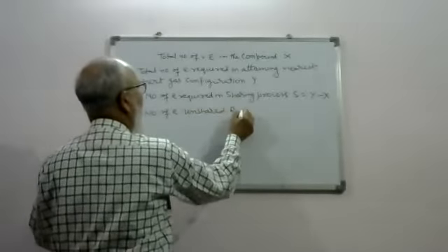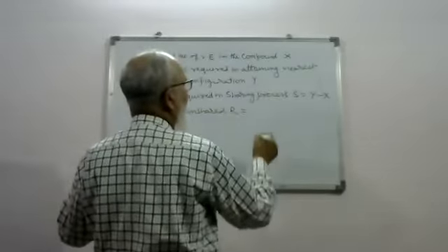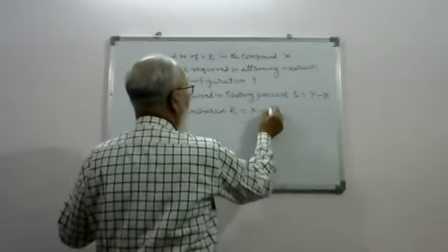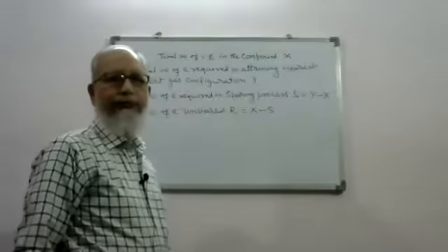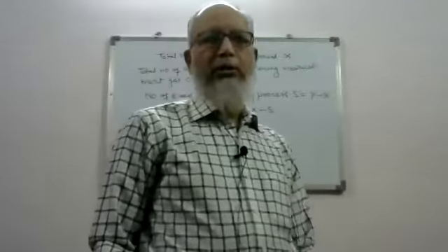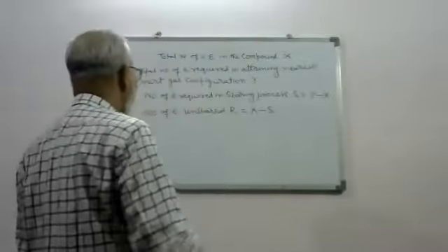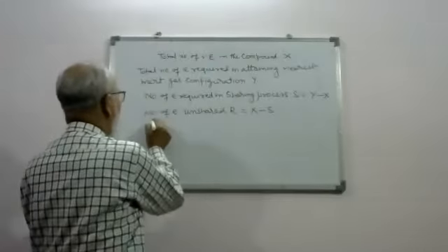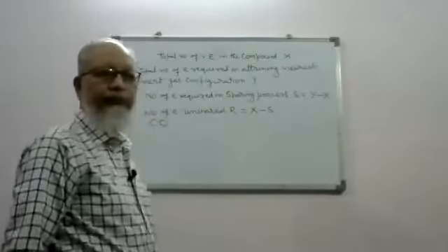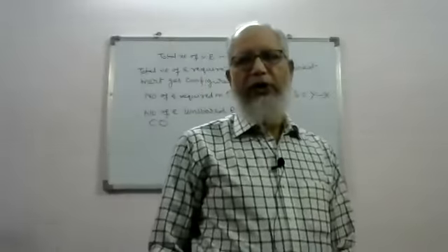Suppose it is R, then R is equal to X minus S. Now let us take some example for this. Suppose it is carbon monoxide, for which we have to draw the Lewis dot structure.